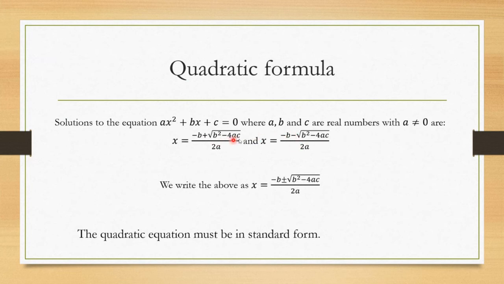So we have these two solutions, as you can see. Essentially, the only difference between them is you have a plus here and a minus here. Notice they both have a square root, so we are going to have to work with square roots again.